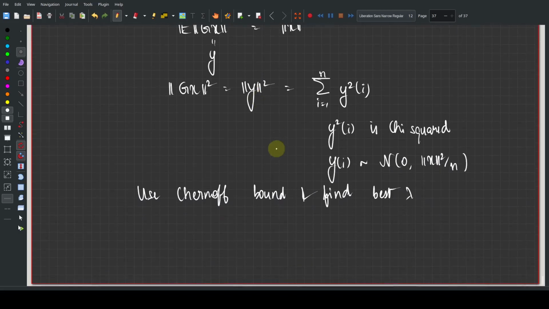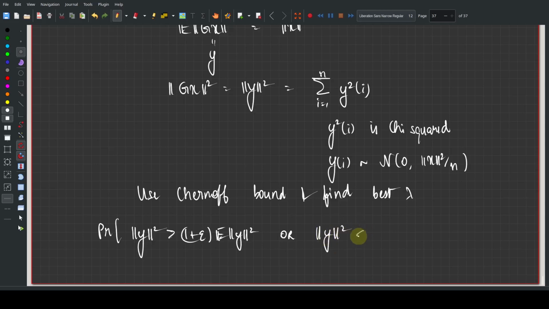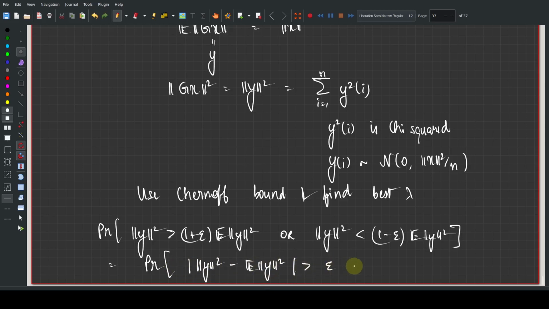This is the same as saying the probability that norm y squared is greater than 1 plus epsilon times the expectation of norm y squared, or norm y squared is less than 1 minus epsilon times the expected value of norm y squared, which is just the same as norm y squared minus the expected value of norm y squared greater than epsilon times norm y squared.